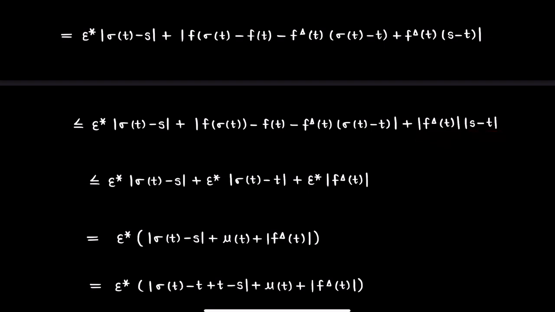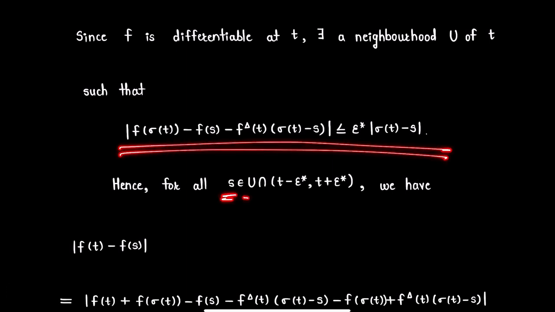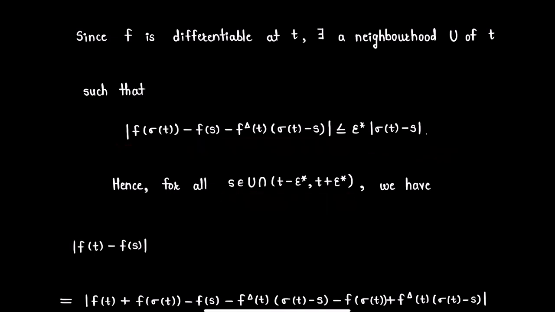Now this term is less than or equal to epsilon star multiplied by sigma t minus s, its modulus, plus, observe this term. So this will be less than or equal to epsilon star multiplied by sigma t minus t, because we know that this condition is true for every point s in this set. So clearly t is a member of this set.